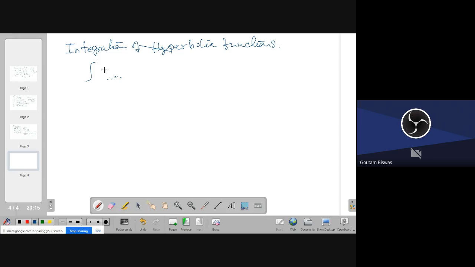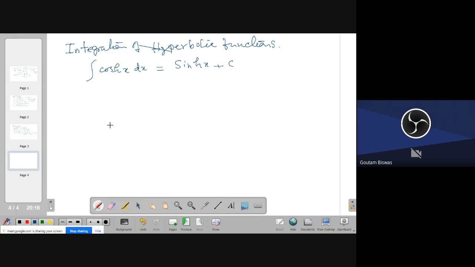Integration of cos hx dx is sin hx plus integration constant.